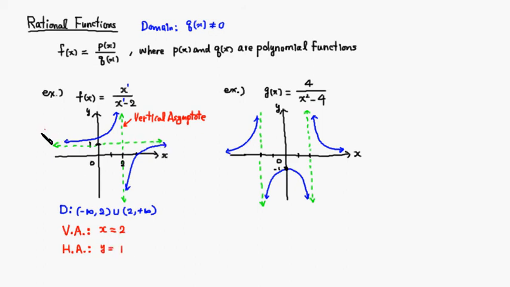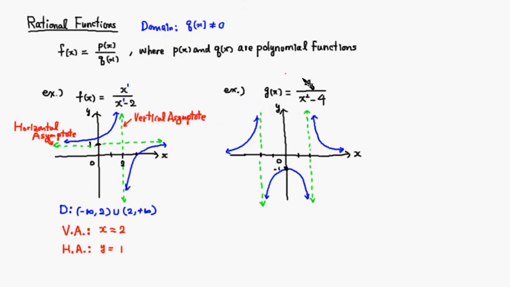So this is called the horizontal asymptote.